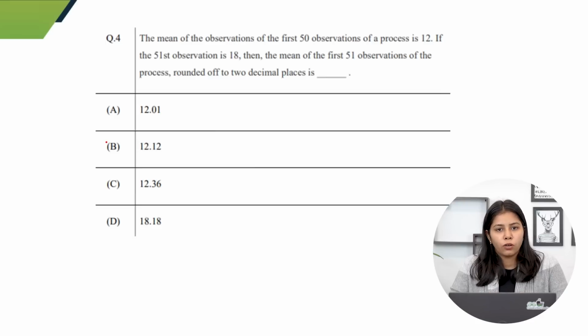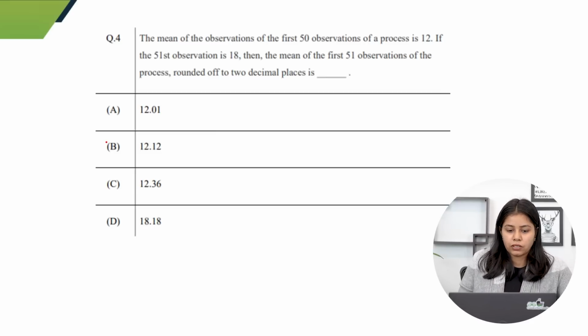We have already solved so many questions on mean, and we know the definition of mean. If I have 50 observations, let's say x1, x2, up to x50 build up my observations, I can write down x1 plus x2 plus up to x50 upon 50, right?